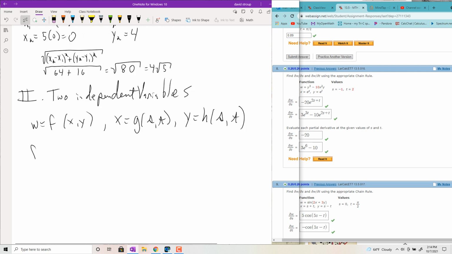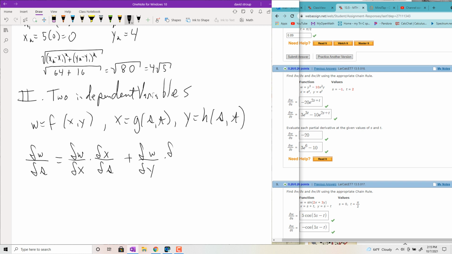Okay? So the partial derivative with respect to first s will be the partial derivative of f with respect to, or the partial derivative of w, if you'd rather. Partial derivative of w with respect to x times the partial derivative of x with respect to s, plus the partial derivative of w with respect to y times the partial derivative of y with respect to s.